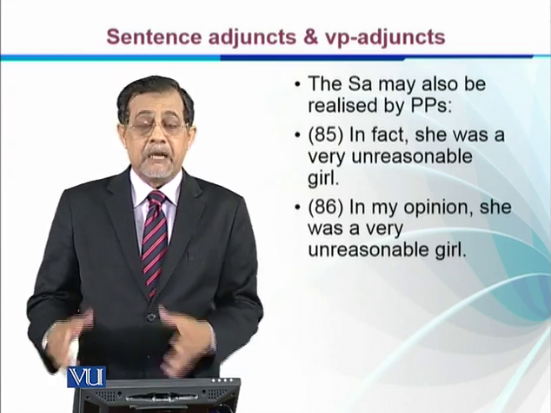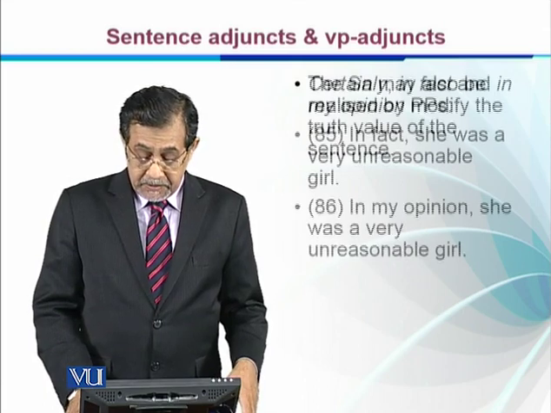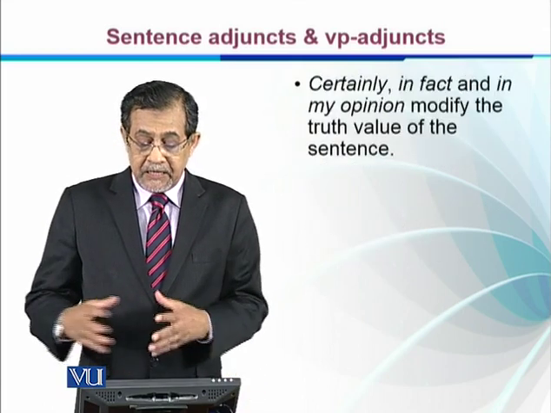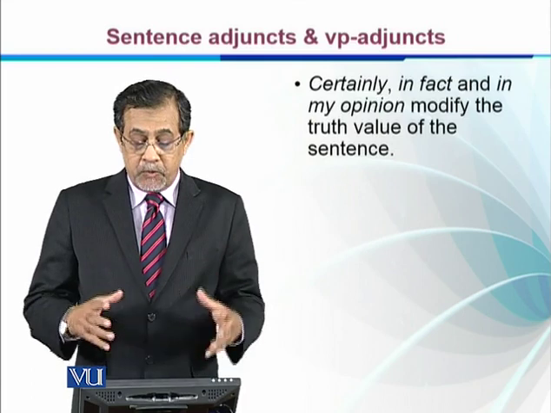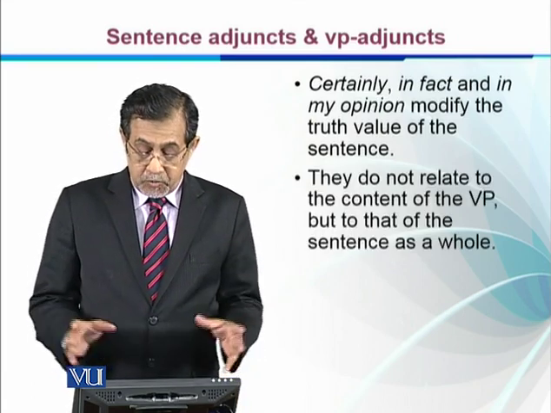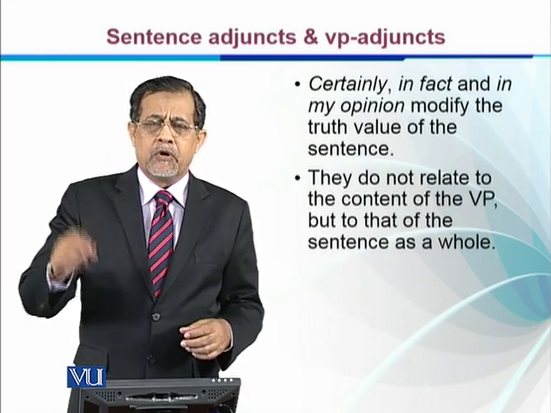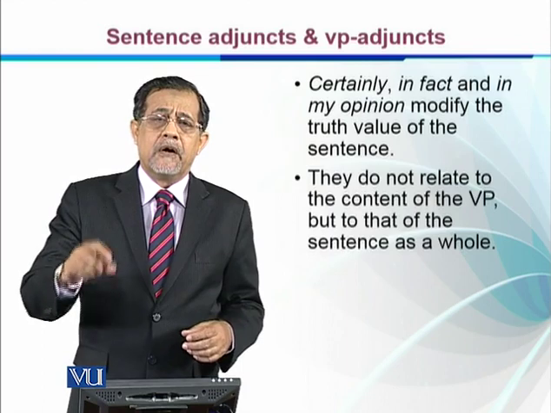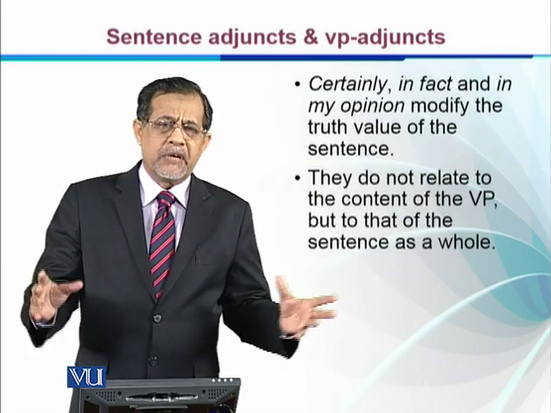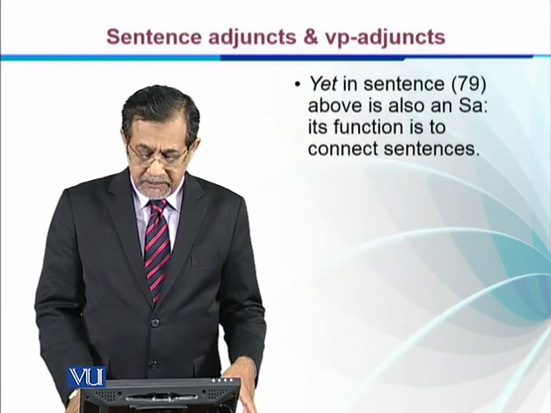Again, we have in my opinion, which is a prepositional phrase. So certainly, in fact, and in my opinion modify the truth value of the sentence. They do not relate to the content of the VP, either to the V or to the adjective, noun phrase, adjective phrase or any adverb phrase in the sentence.